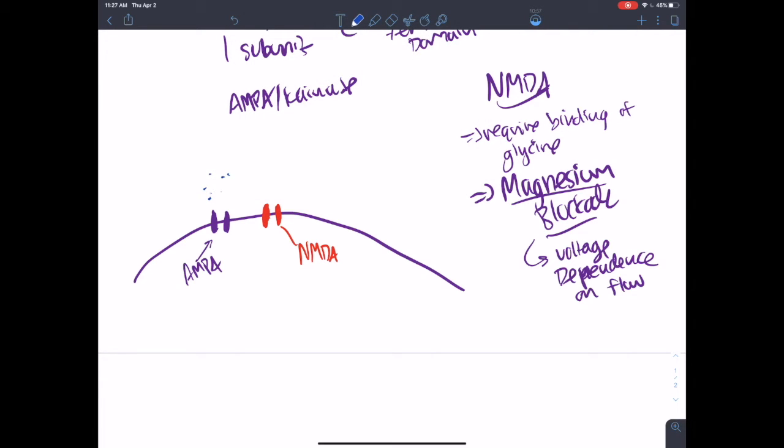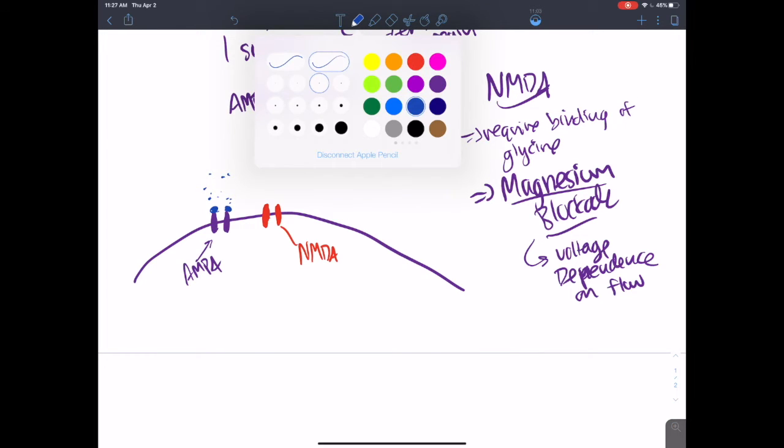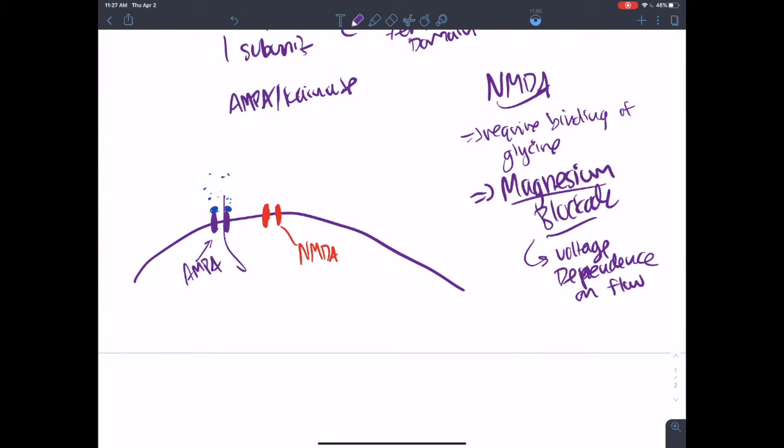So here comes our glutamate binding to our AMPA receptors, needs two of them to bind in order to cause influx. And the ions that AMPA receptors influx are going to be sodium and then a little bit of potassium efflux, but we know that because these are sitting at the equilibrium potential for potassium, that's not going to be as relevant.